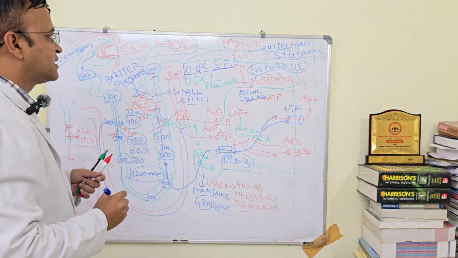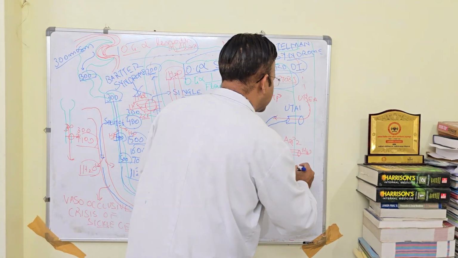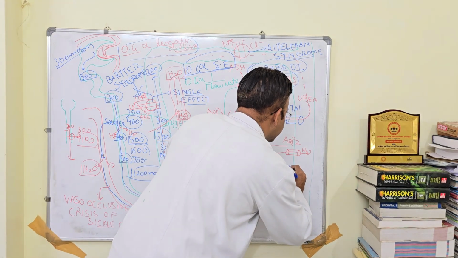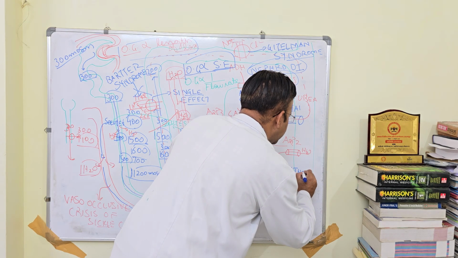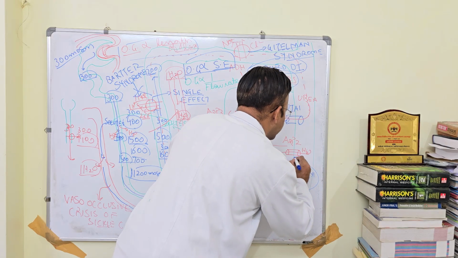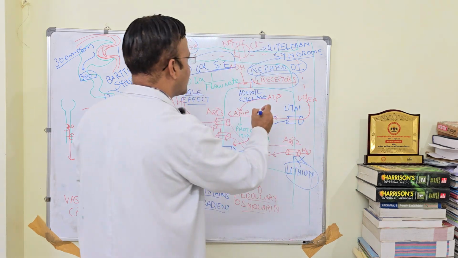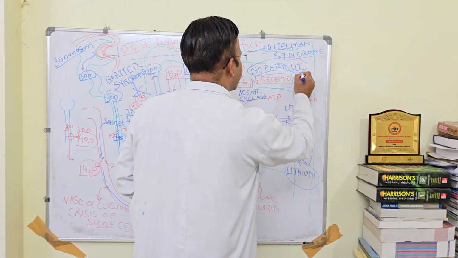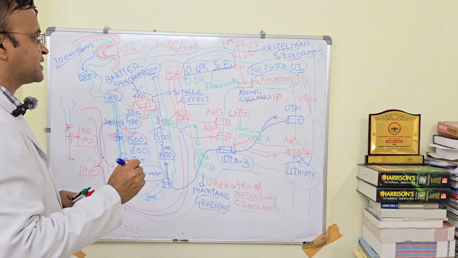Suppose someone is on lithium drugs, then this aquaporin 2 will get downregulated. So in case of lithium toxicity, there will be downregulation of aquaporin 2 channels, and this will also ultimately lead to nephrogenic diabetes insipidus.